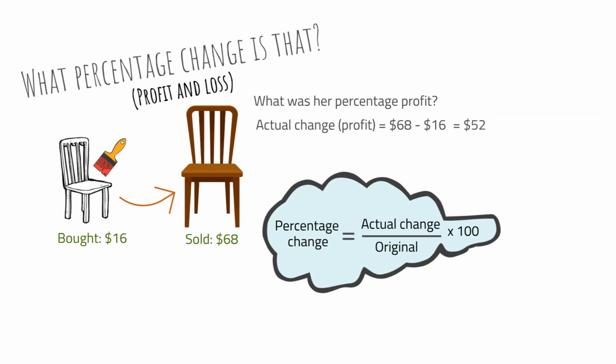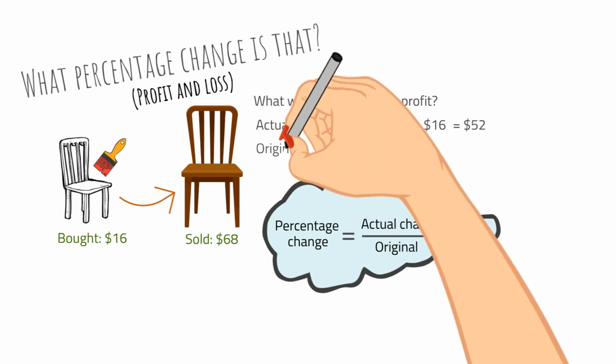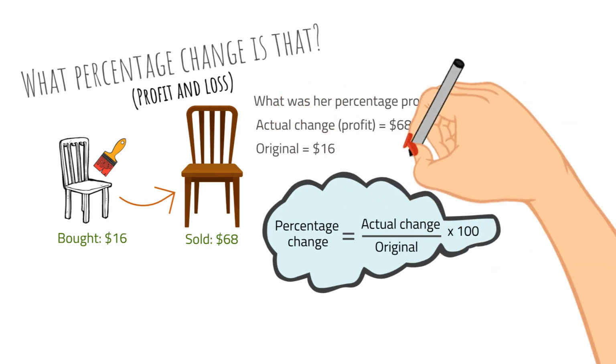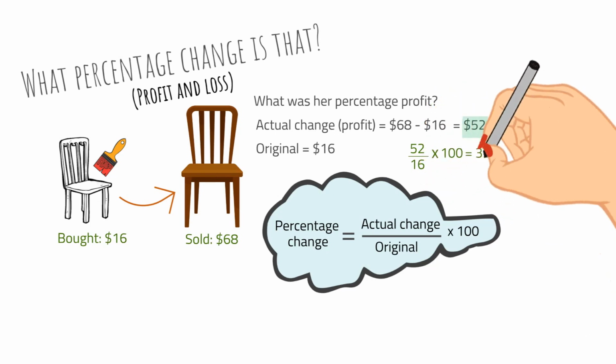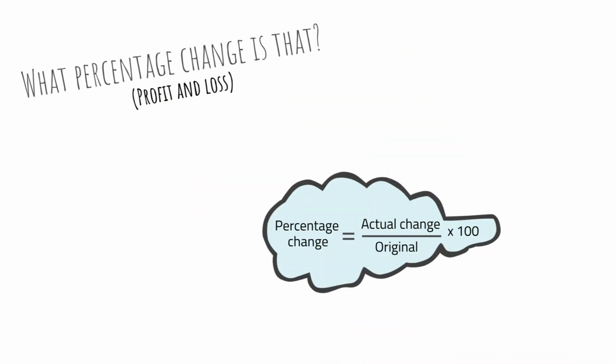And that gives us $52. So I have my actual change and I already know my original. It was originally bought for $16. So now I just take my 52, divide by 16, and then times by 100. So she made 325% profit.